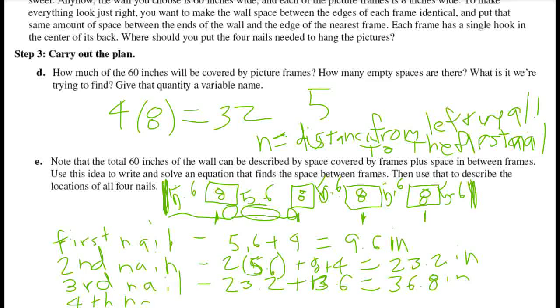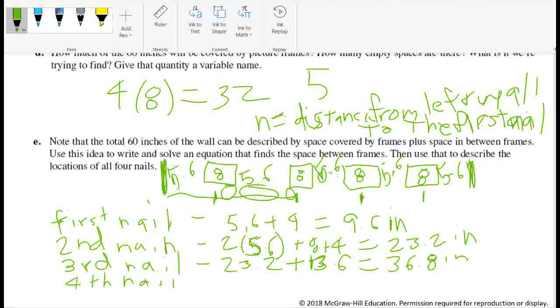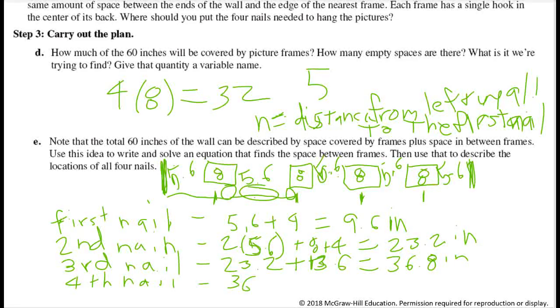My fourth nail, I take my 36.8 plus 13.6, and I get 50.4 inches.